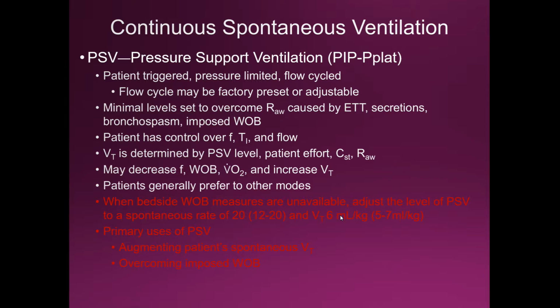All right, so 20 is kind of fast, but that helps blow out the CO2. And then on top of that, I have my tidal volumes set, so I should be stabilizing my minute ventilation.